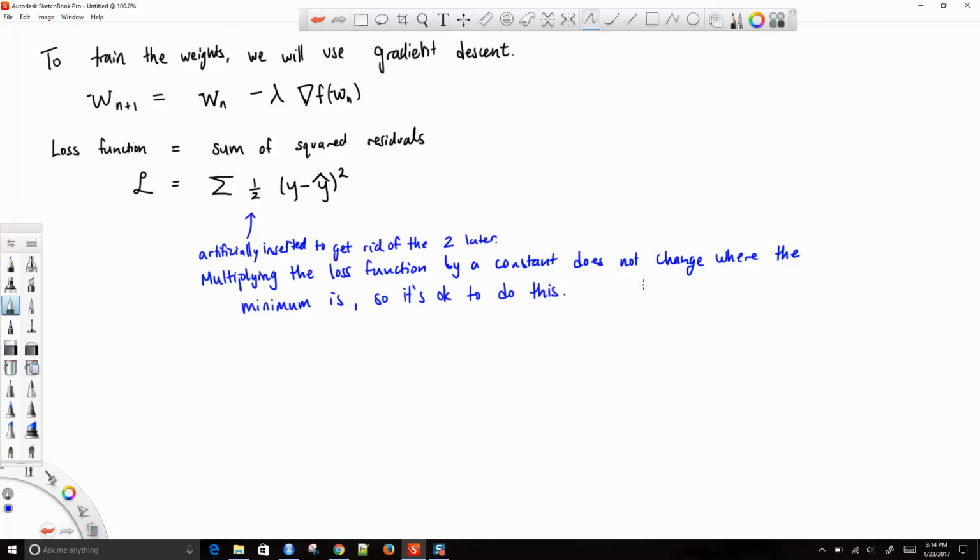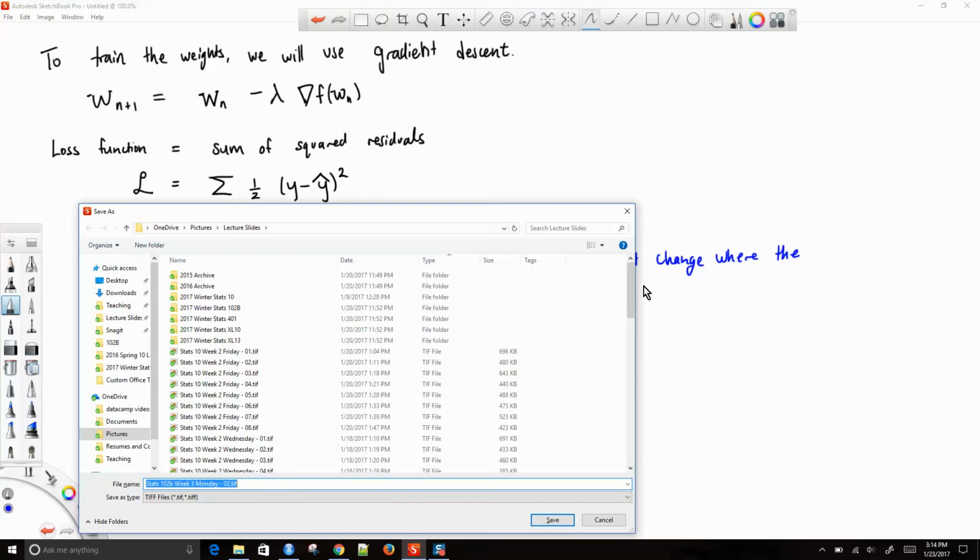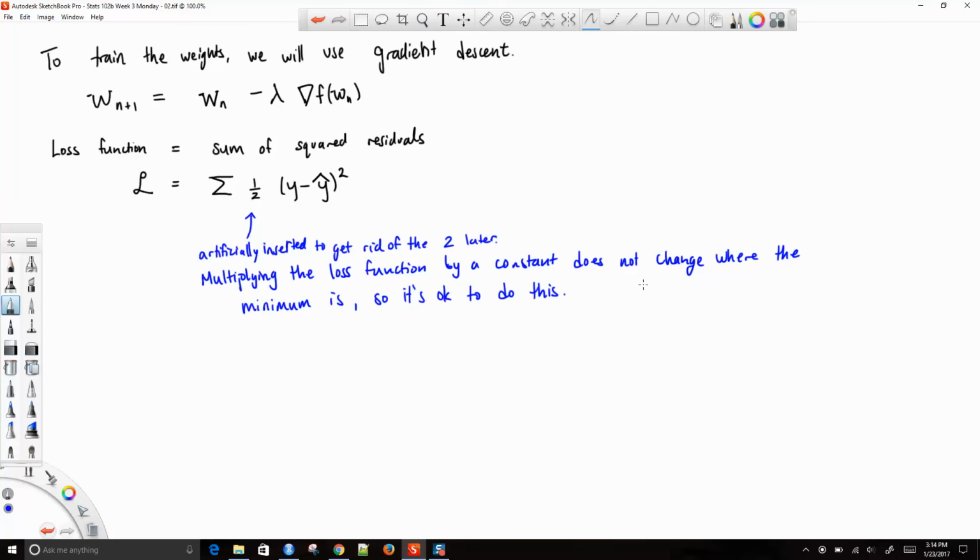I think in one of your homework exercises you're getting rid of 1/n, multiplying it by n or something. The exercise basically shows that it's not going to change where you find the minimum.